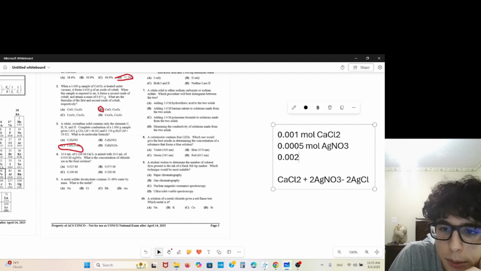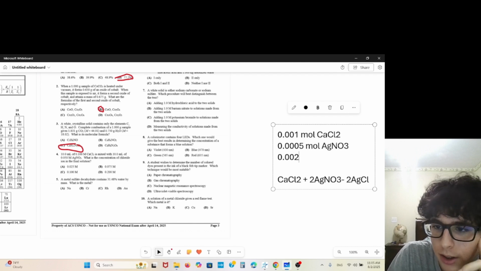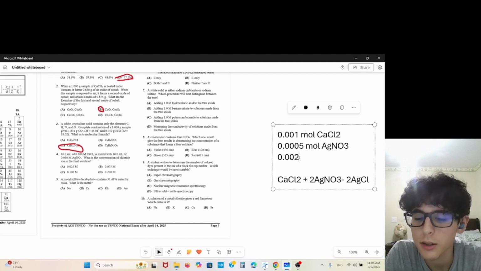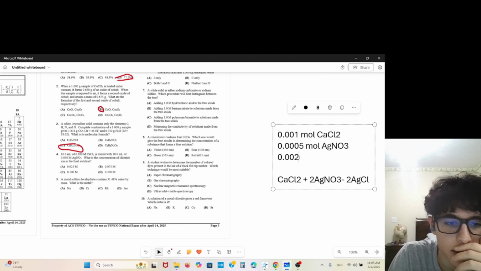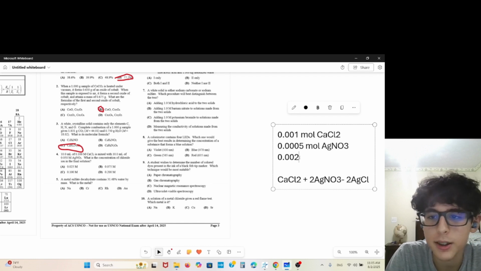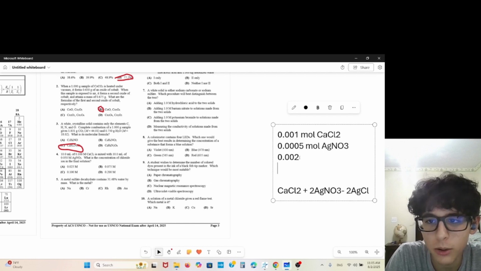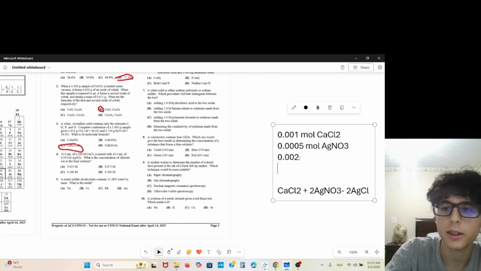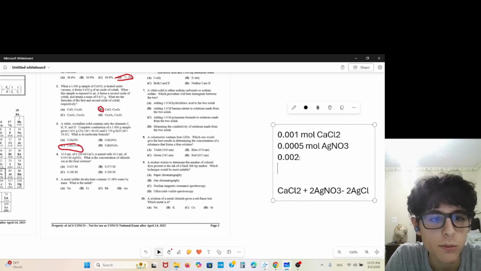Basically, if you have 0.0005 mole of Ag, you're going to have to do some kind of analysis here, where you find the total concentration of the chloride ion and subtract the concentration of the chloride ion in this AgCl.